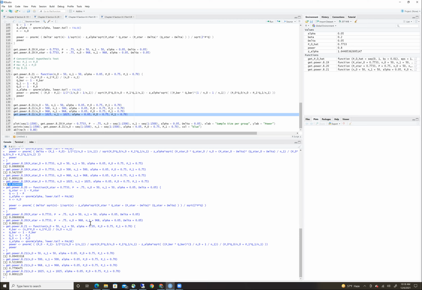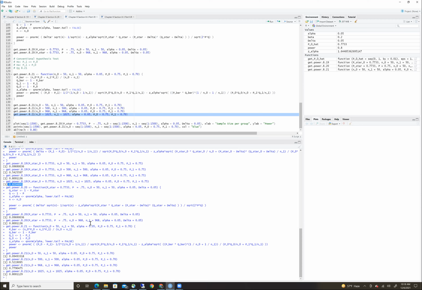So what does this say? Essentially, if you're going to carry out a conventional hypothesis test, you're going to need more patients to get to significance rather than a non-inferiority trial.